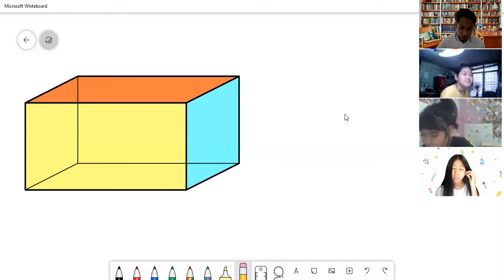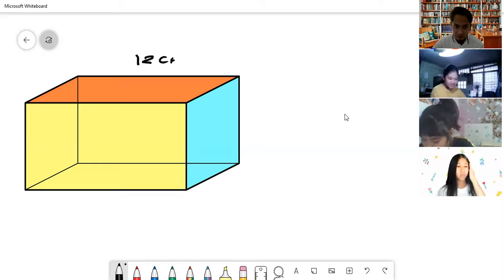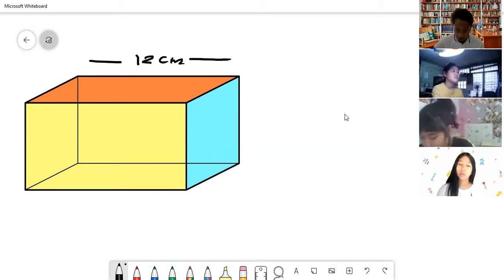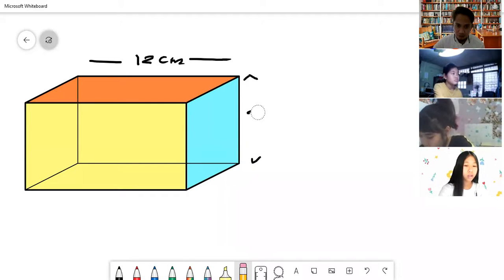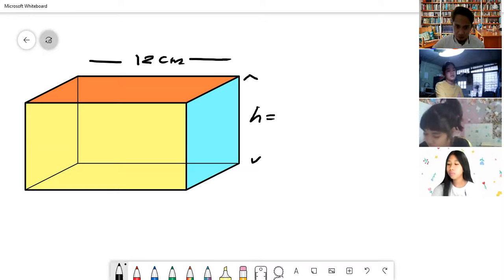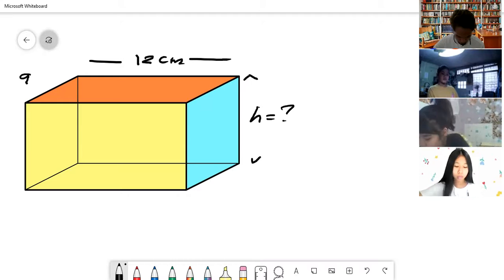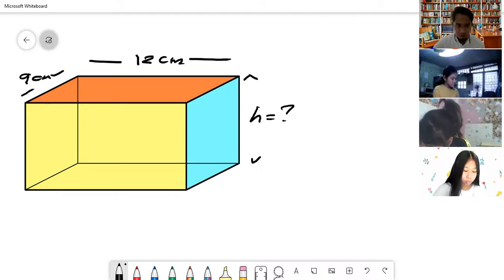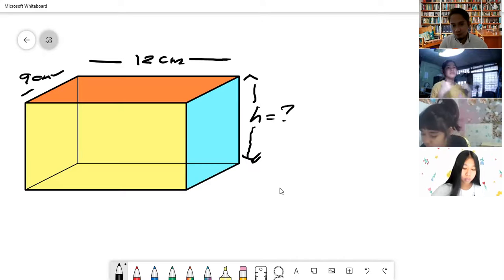So here, the length is 12 centimeters. The height is the question mark. And the width or the breadth is 9 centimeters. Find the height. Now, what will happen here?